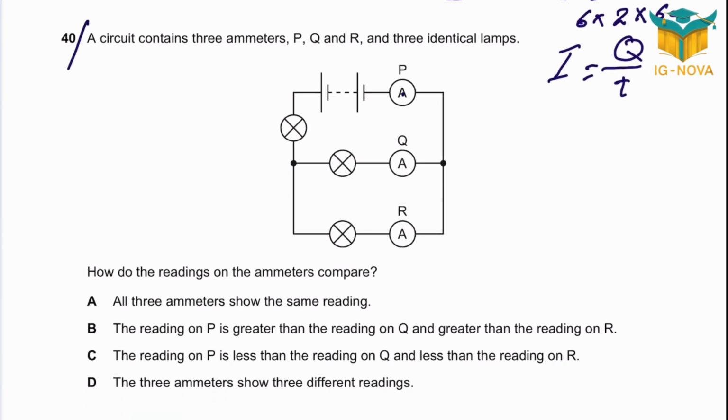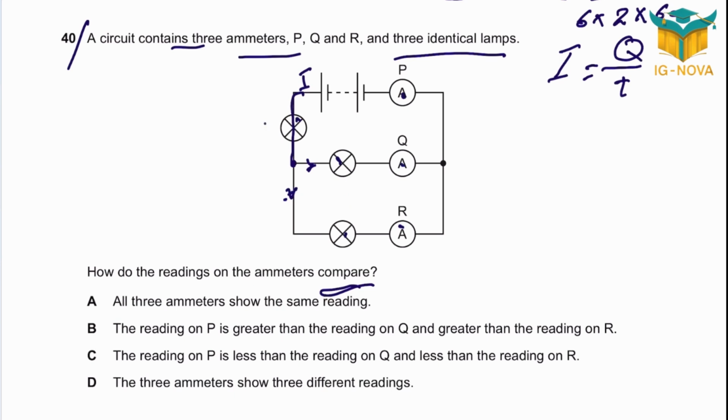Question 40. A circuit contains 3 ammeters, P, Q, and R, and 3 identical lamps. How do the readings on the ammeters compare? We know that the current passes here. It starts to branch into halves because they have the same type of lamp.